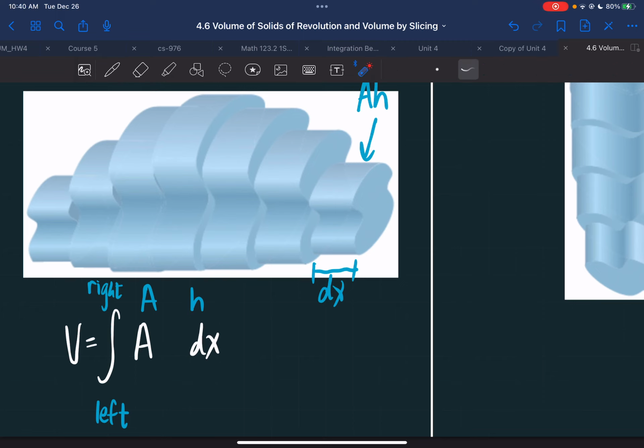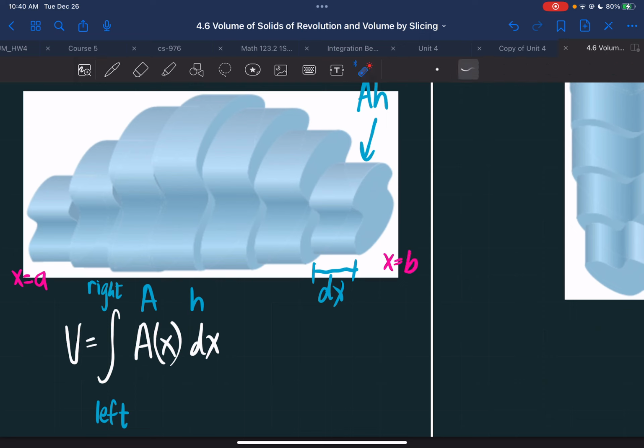And since we are using dx for height, we have to make sure that your area right here is an area in terms of x. So this A right here would be A of x. So your area should be a function in terms of x. And we are doing this from the leftmost point. So let's say the leftmost point is x equals a, then the rightmost point is x equals b.